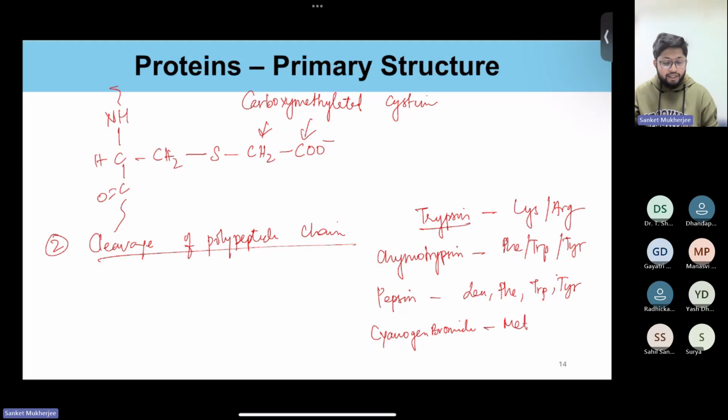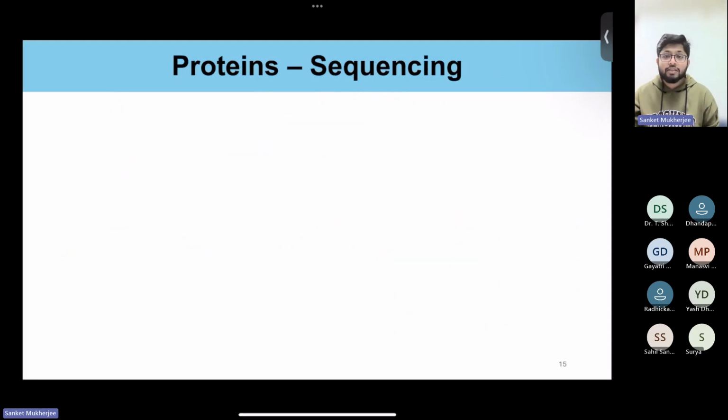And after that, we have sequencing, where we need to first identify the N-terminal residue. A protein is usually ordered N to C. This is how you want to sequence it, most of the time. So to identify first, we need to determine the terminal amino acid.